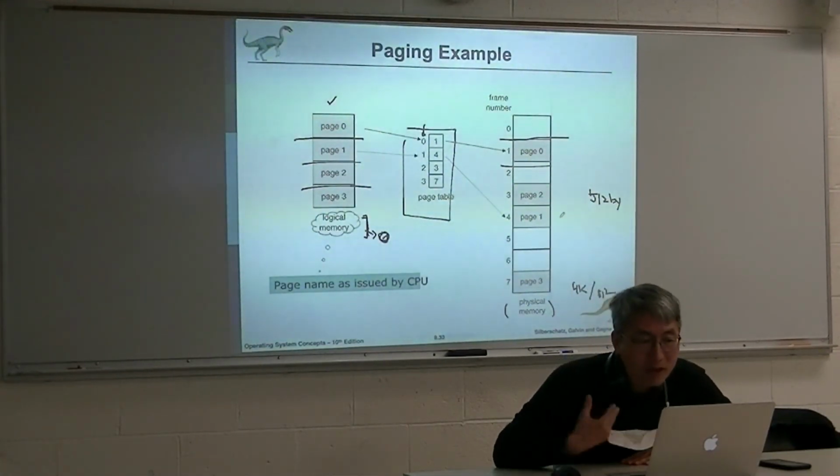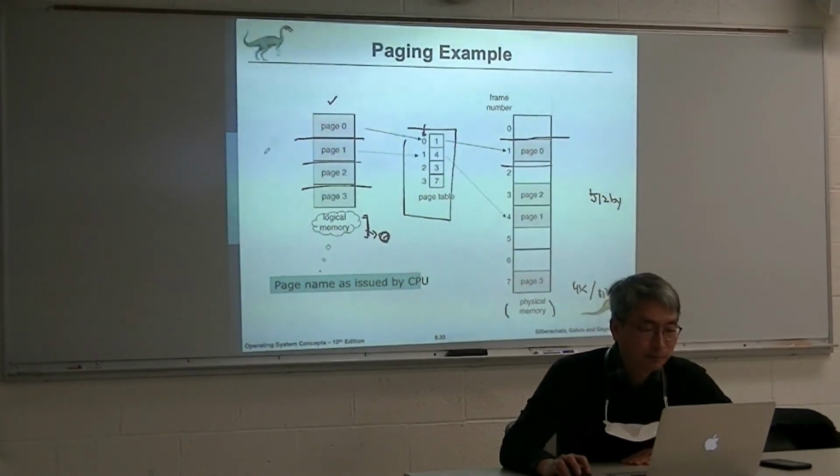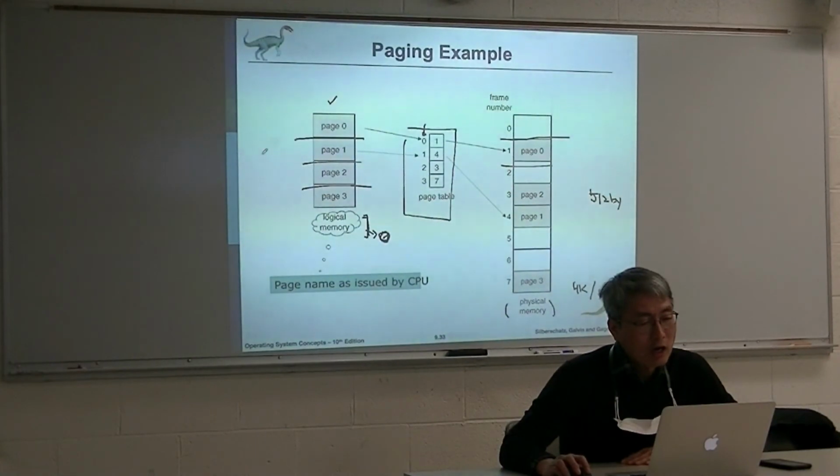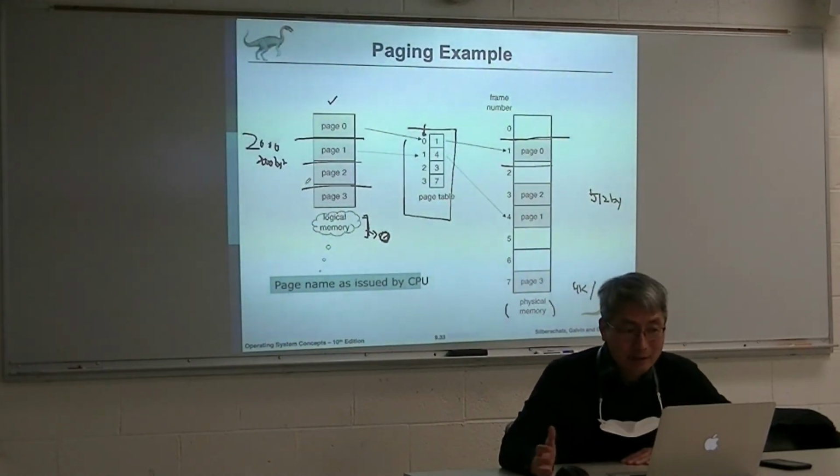So our goal is the math. Let's say my program size is 2,000 bytes. How many page numbers in this case?